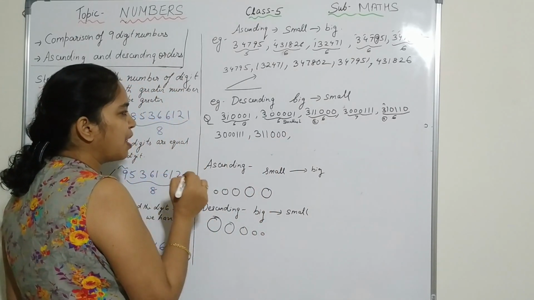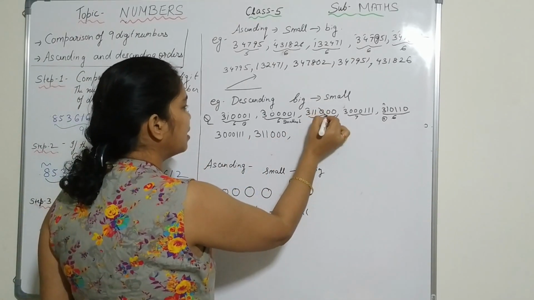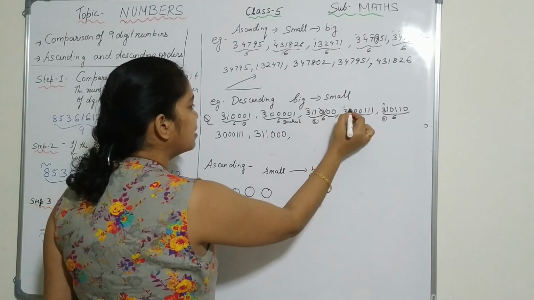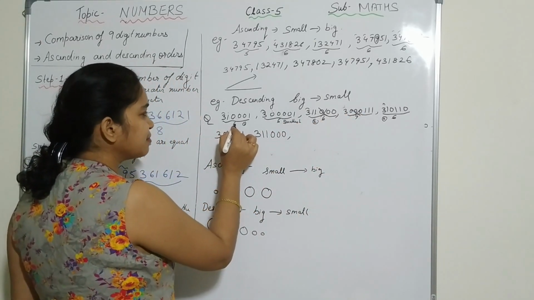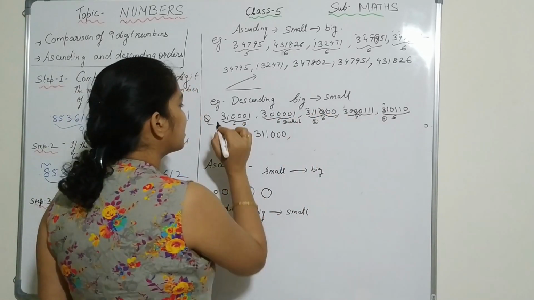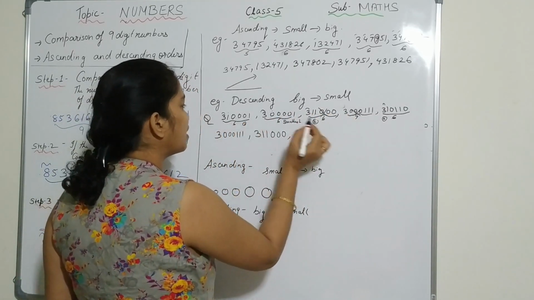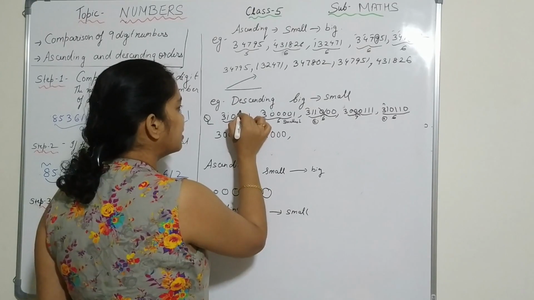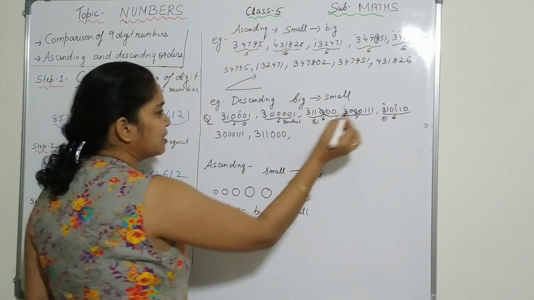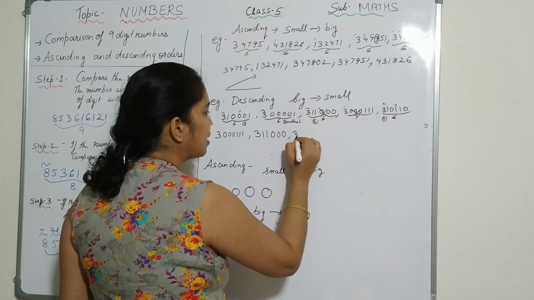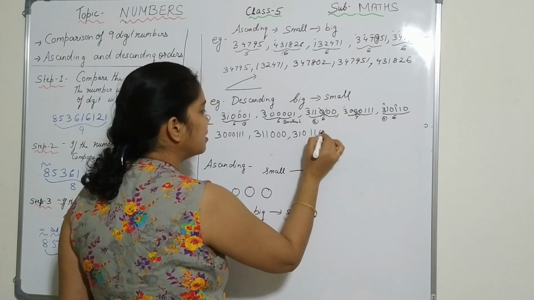Okay, now you have to compare this one and this one. 310001 and 310110. Now you have to compare the fourth digit. Here it is 0 and here it is 1. So which one is greater? Yes, this one is greater. So you have to write 310110.